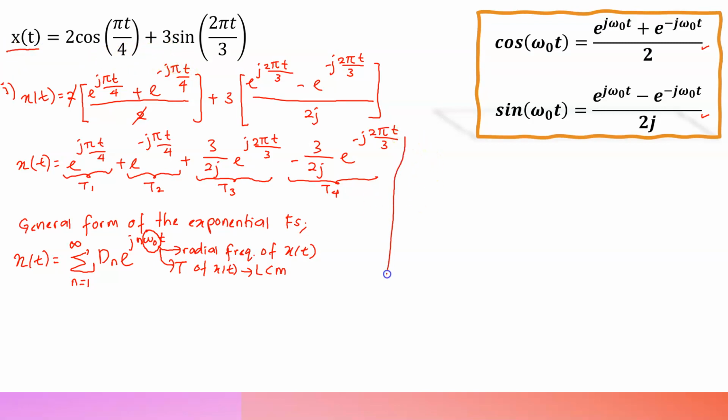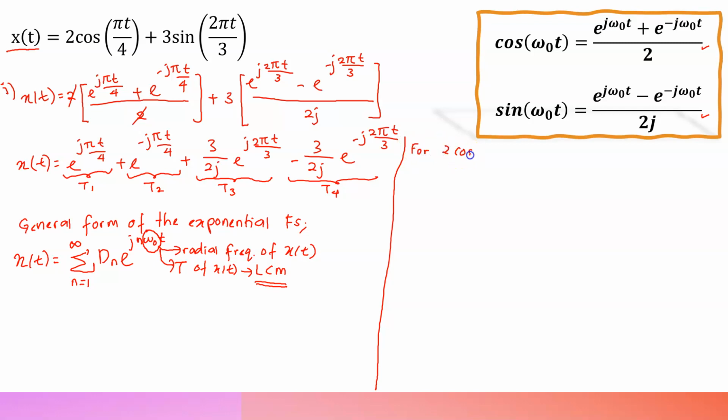I have explained how to use the least common multiple method in one of the earlier lectures. So if you can't remember how to do that, you can refer back to the video where I discuss periodic signals.